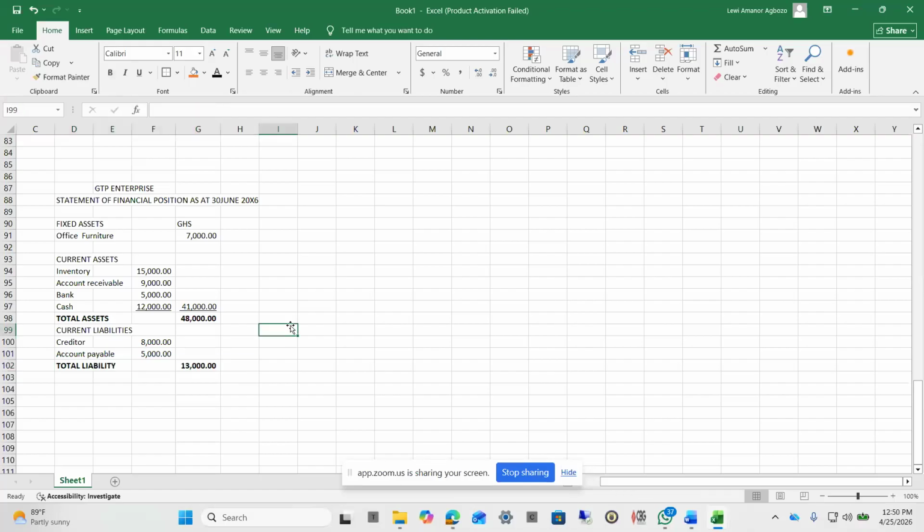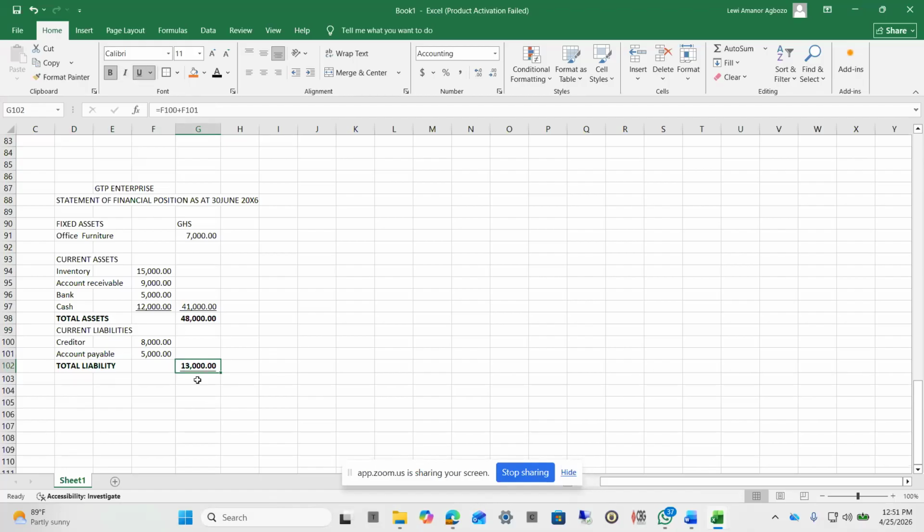This is our total liability. And we are saying that if you subtract the total liability from your total assets, then you are going to get what we call net assets. Are we okay?